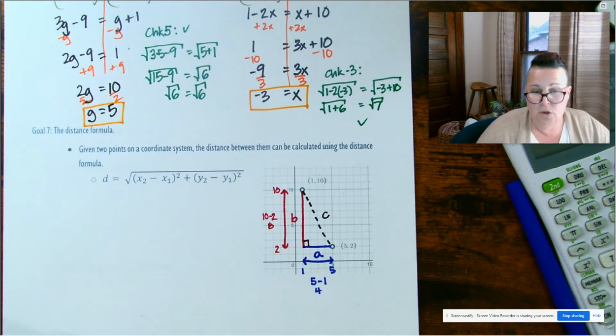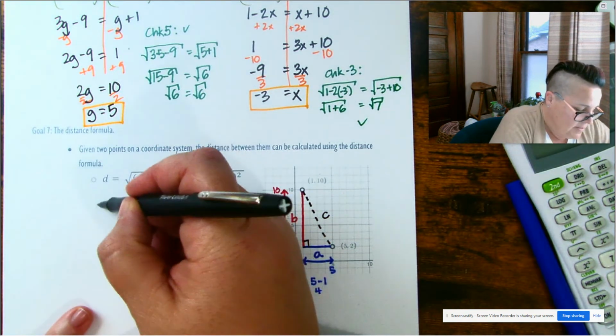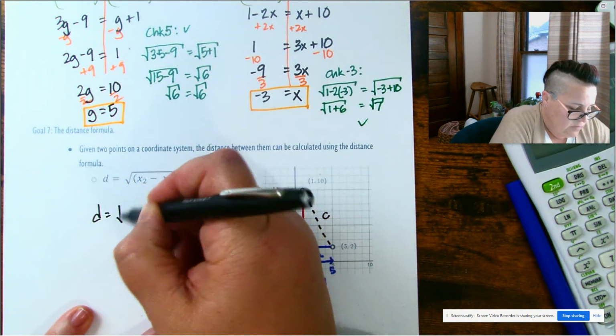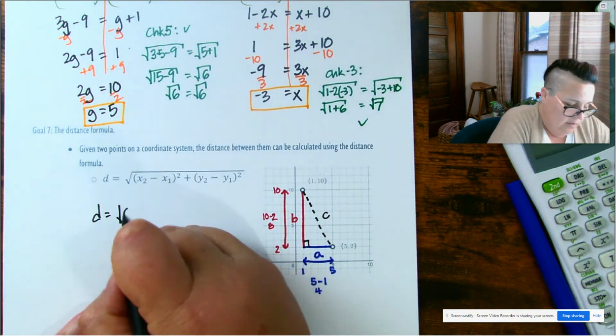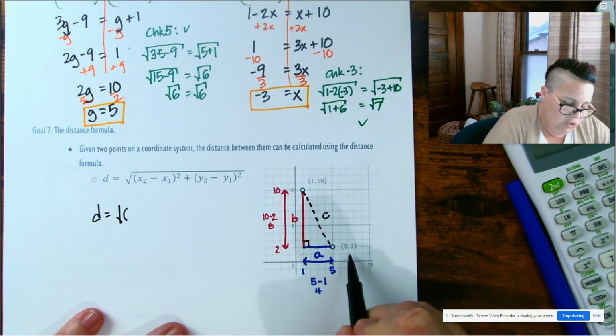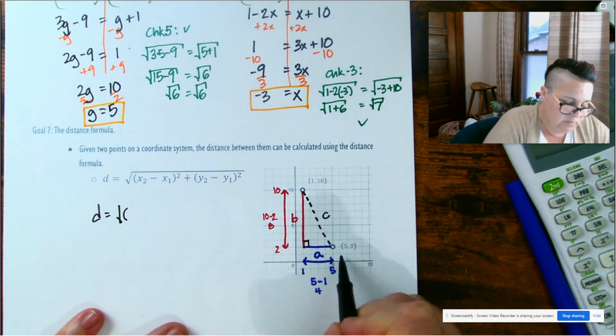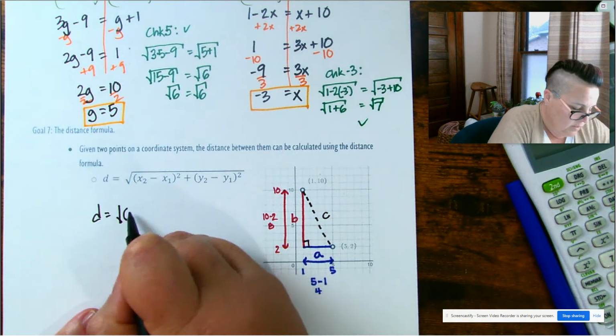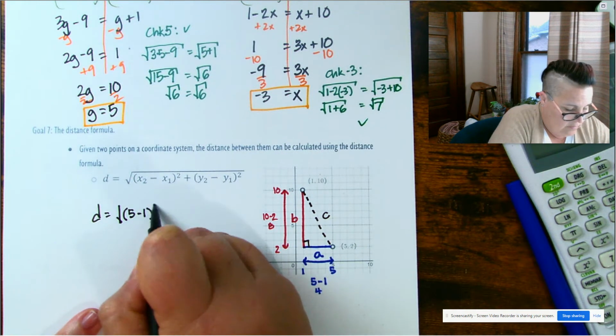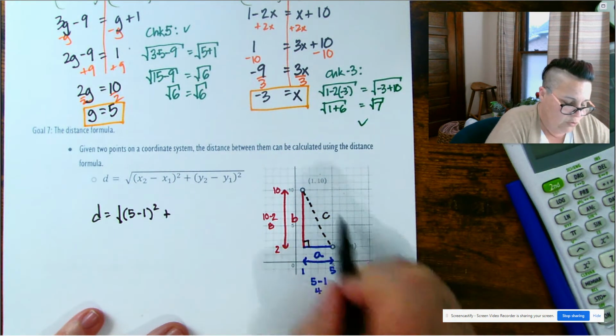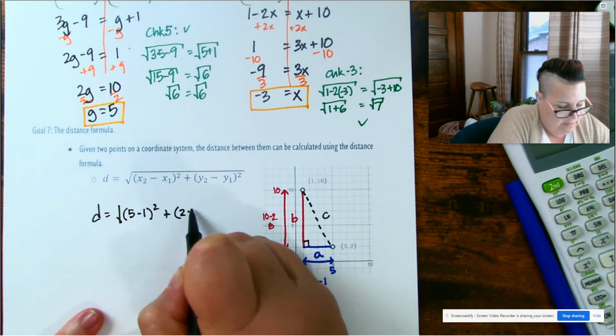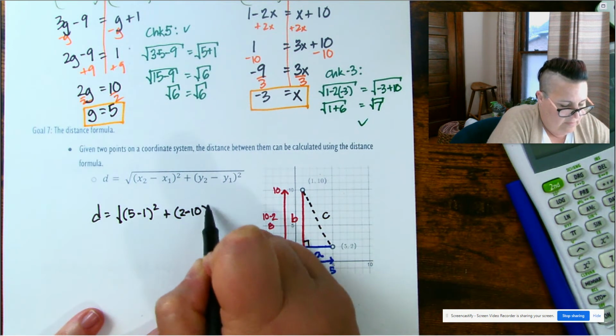Okay? We've worked this up into a formula so that the distance here is equal to the square root of x sub 2, so 5 minus 1, plus 2 minus 10, squared.